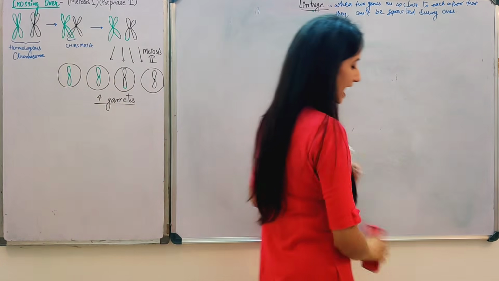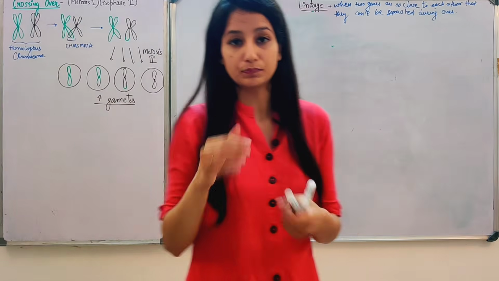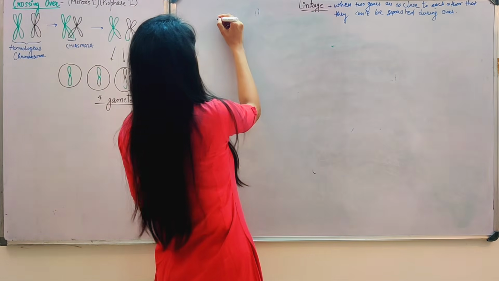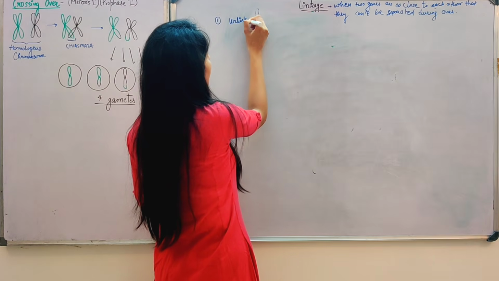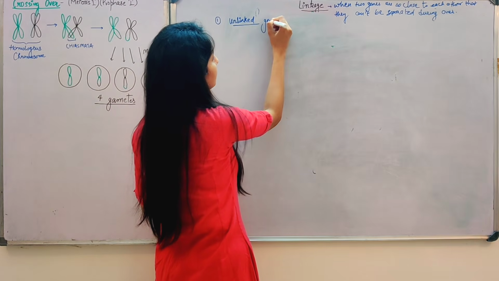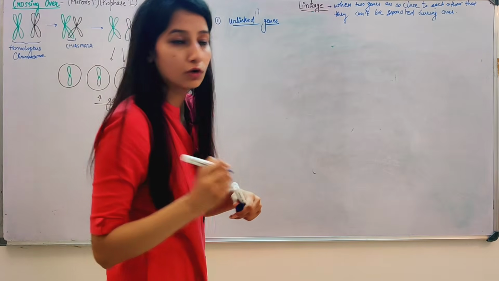So the genes can be linked genes or unlinked genes. How can this occur? First we'll talk about unlinked genes. Unlinked genes can be present on non-homologous chromosomes.